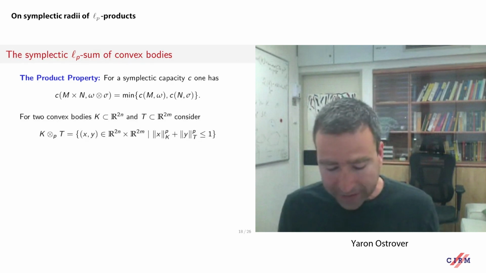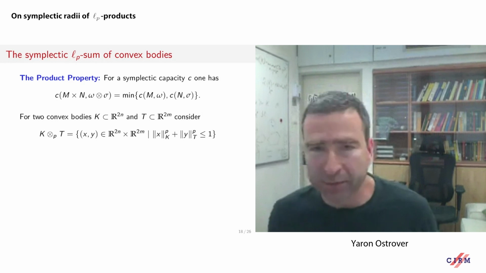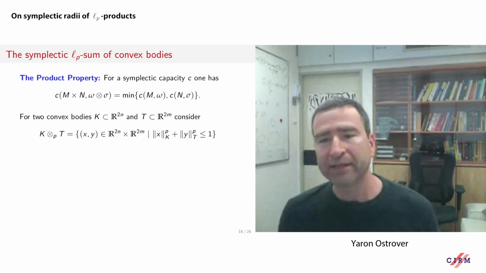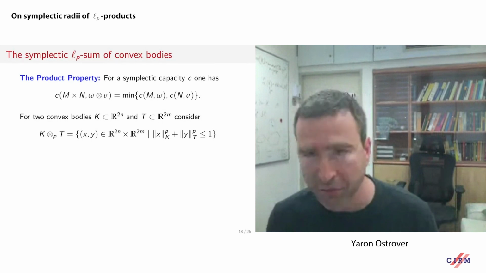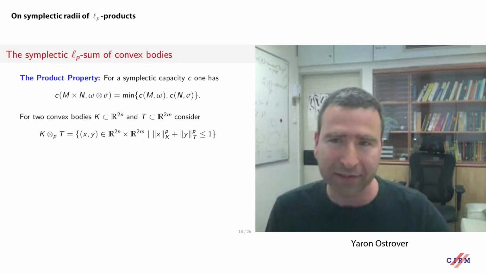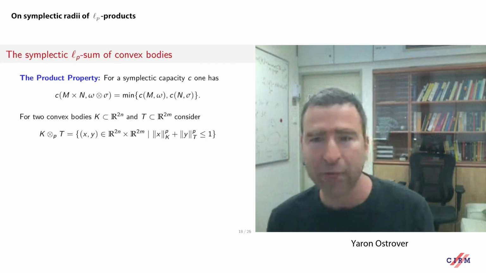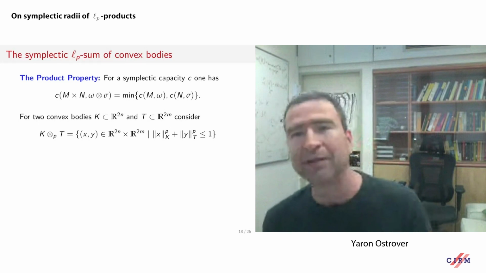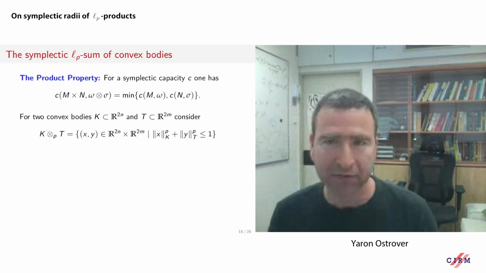And we can ask what can be said about the product property when, instead of looking at products, we look at P sums of domains. Again, it's important for me to emphasize that it's a more general setting than what we had before. So now we look at the P sum with respect to a symplectic splitting, not with respect to a Lagrangian splitting.